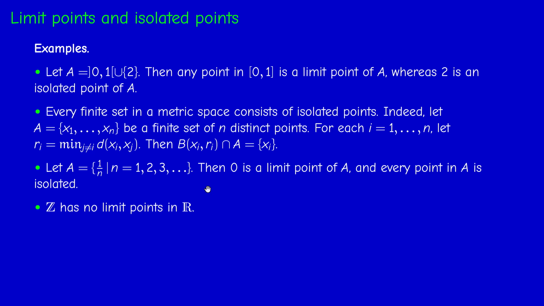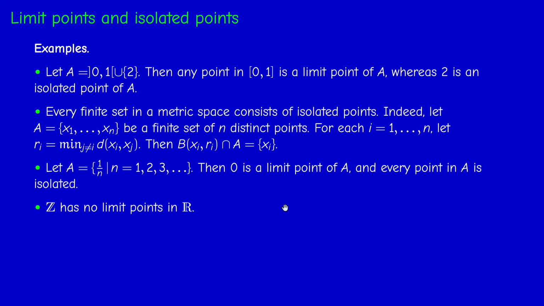It cannot be isolated because it doesn't belong to A, so you don't need to invoke neighborhoods. And now every point in A is isolated. Why? Because the elements of A come in a discrete way. Between 1/(n+1) and 1/n, there is no other element.